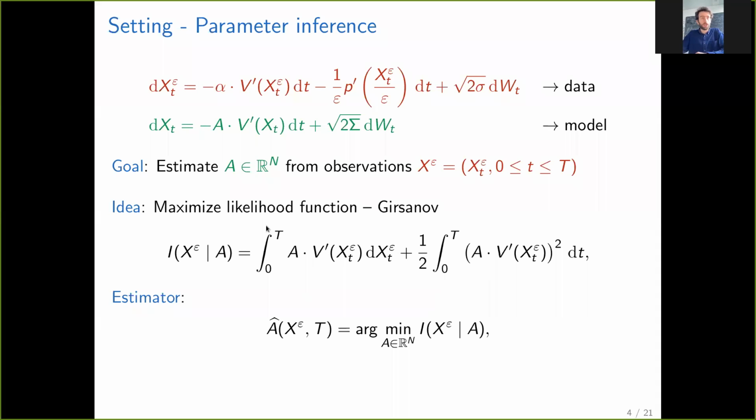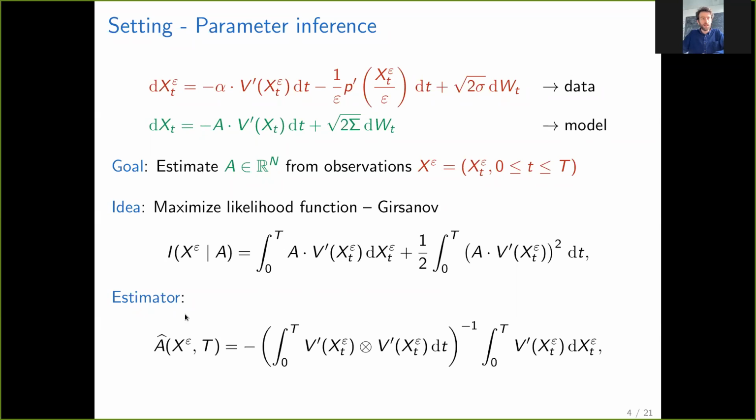Since the likelihood is the negative exponential of I, our estimator is the argmin of I. One can easily compute that A hat is given by this matrix, the outer product of V prime with itself integrated in dt, in a linear system which has this as the right-hand side, where this is the Ito integral with respect to the diffusion process itself of V prime of X_t^epsilon.